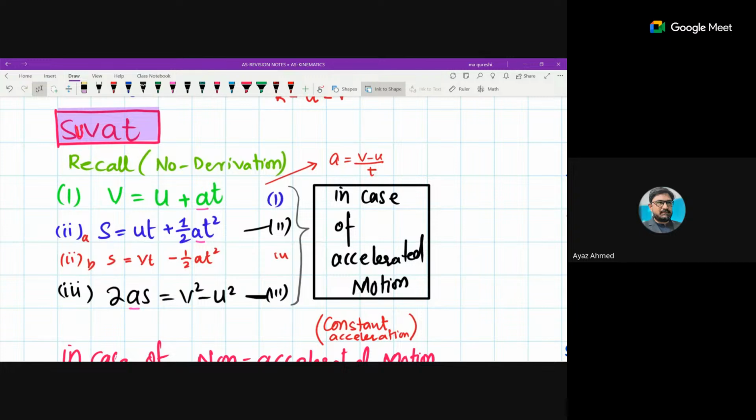And if the derivation is not included, you can simply recall them. Some of the equations are given to you in your data booklet. For example, this equation is given to you. This equation is with you from your childhood. The only one left over is the third equation, 2as is equal to v square minus u square.